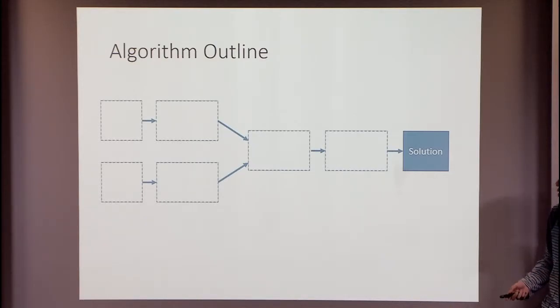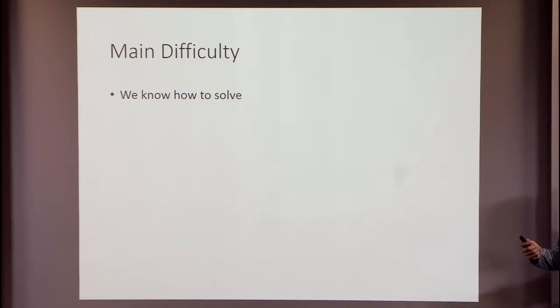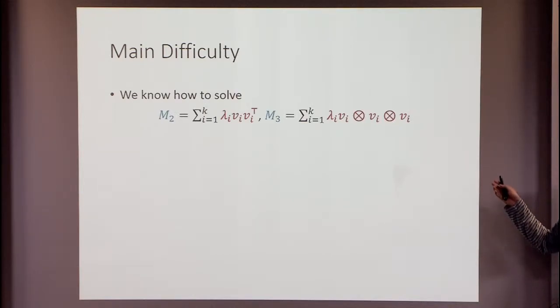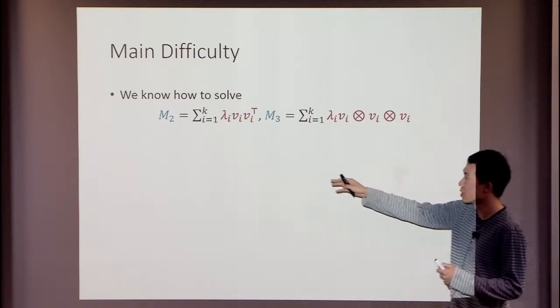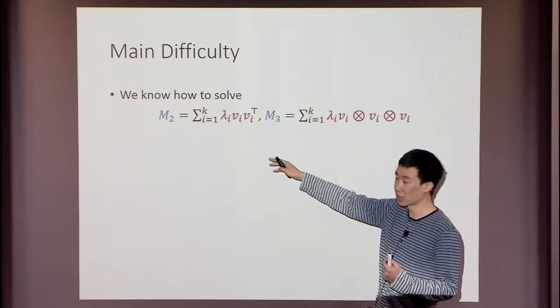So what's the main difficulty in this case? And what is the approach that we are trying to take? Well, we know how to learn a mixture of spherical Gaussians. That's what Sham just talked about. Basically, that algorithm reduces to solving this kind of system. We know something that's the sum of lambda i, v_i v_i transpose, so that's a matrix.